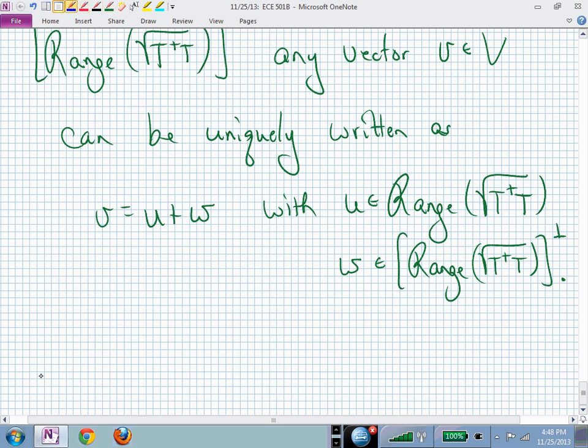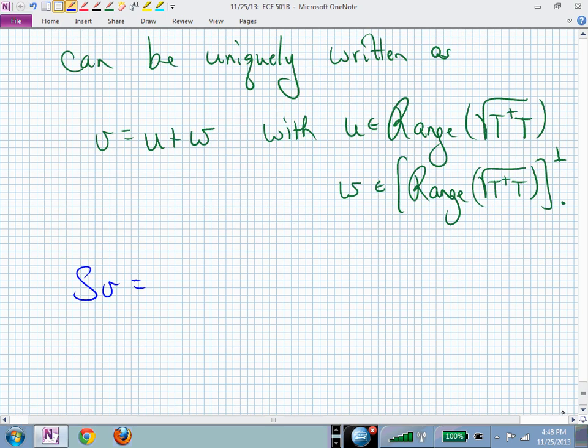If that's the case, now if I look at SV, I can separate V into two pieces: U, that's in the range of the positive square root of T dagger T, and W, which is in the orthogonal complement. So now we have S1U plus S2W.